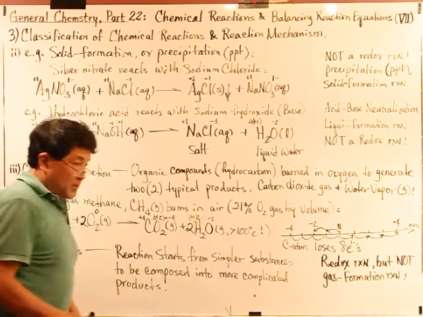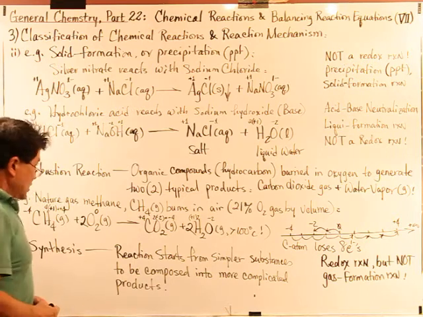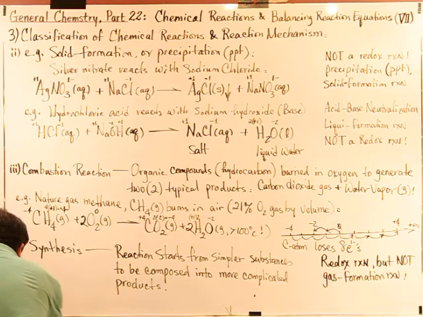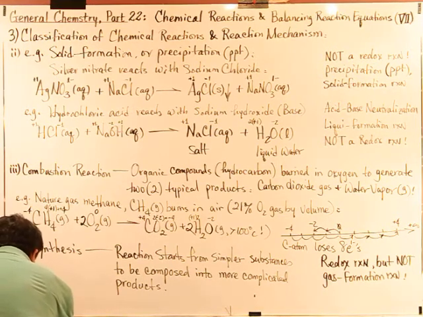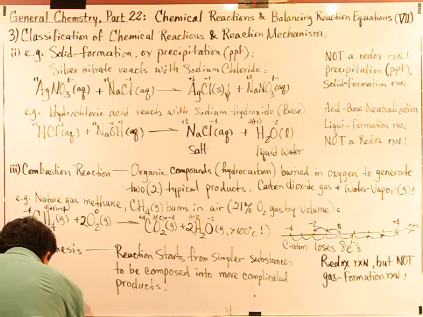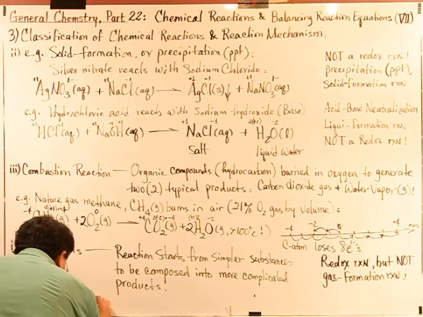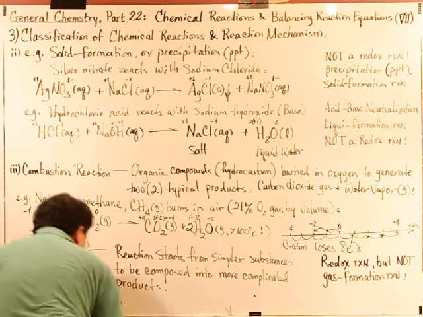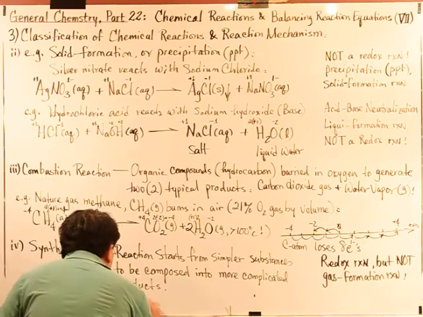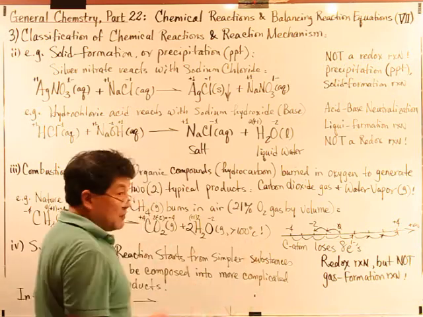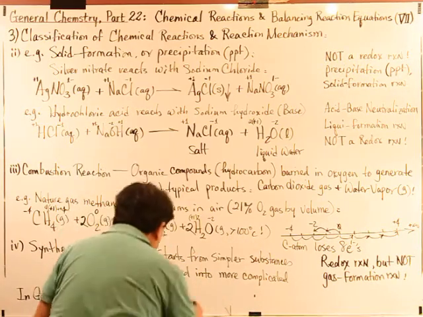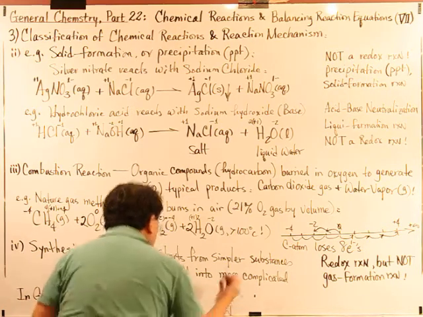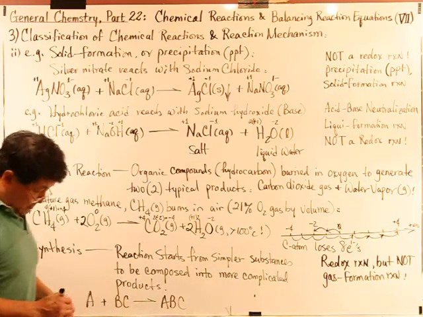So synthesis. Now what happens when we talk about synthesis? In general, it is going to be A plus B plus C, and then give you the combination, a compound with all three, A, B, C. Now that is the generalized format for composition.